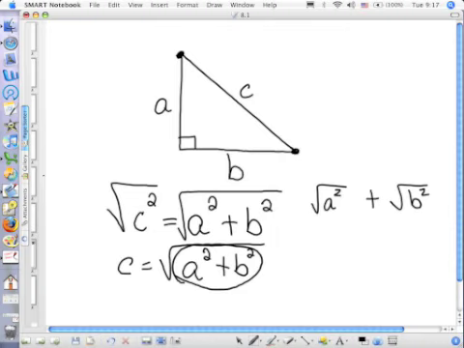It's the square root of the sum of A squared and B squared. Okay? There's a difference. That's not 5 plus 7.